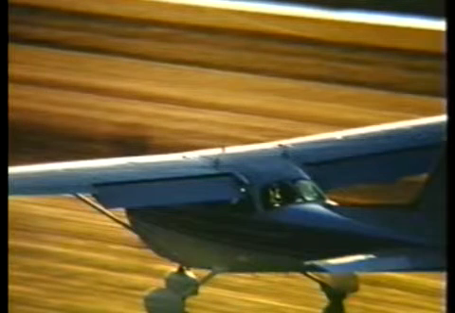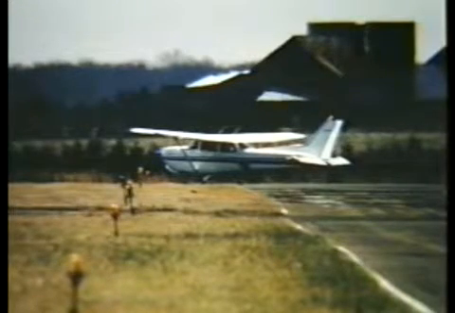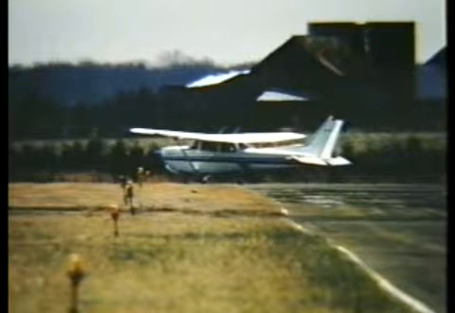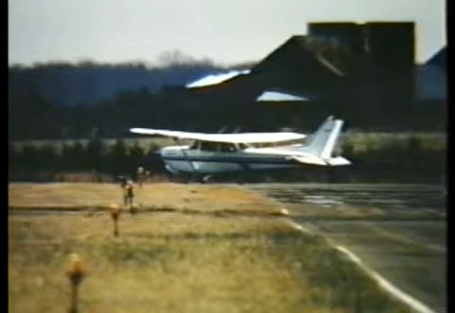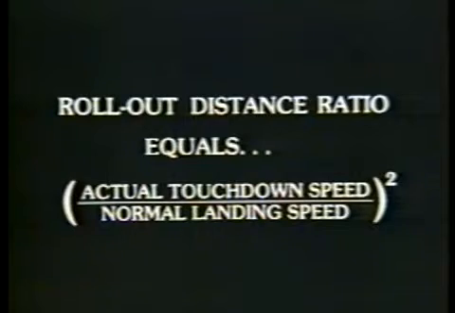A 21% increase may not seem like much when you're landing on a long runway, but it can make a critical difference at a short field or one where conditions are marginal. Now let's go back and take another look at our formula, which is that rollout distance is increased by the square of the ratio of the actual touchdown speed to the normal landing speed.